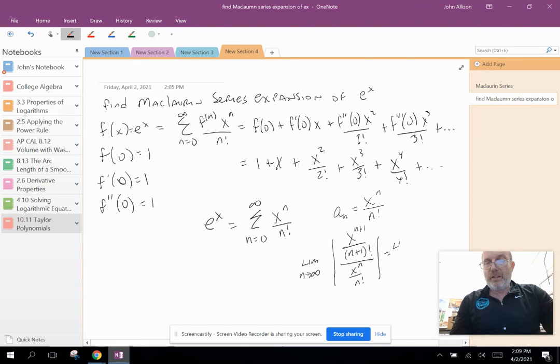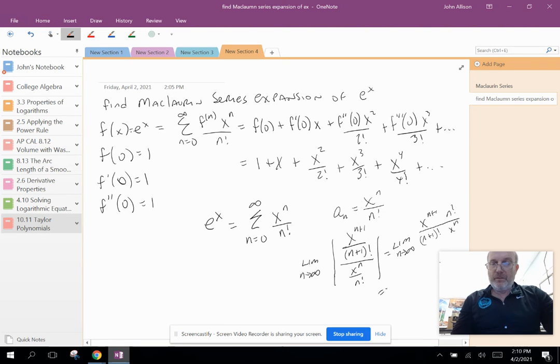And so we can rearrange that and say that's equal to the limit as n goes to infinity of x to the n plus 1 over n plus 1 factorial. Then we invert and multiply and get n factorial in the numerator and x to the n in the denominator.